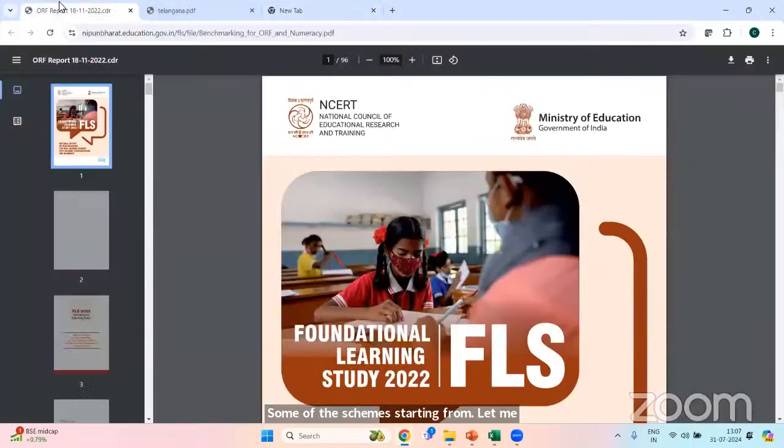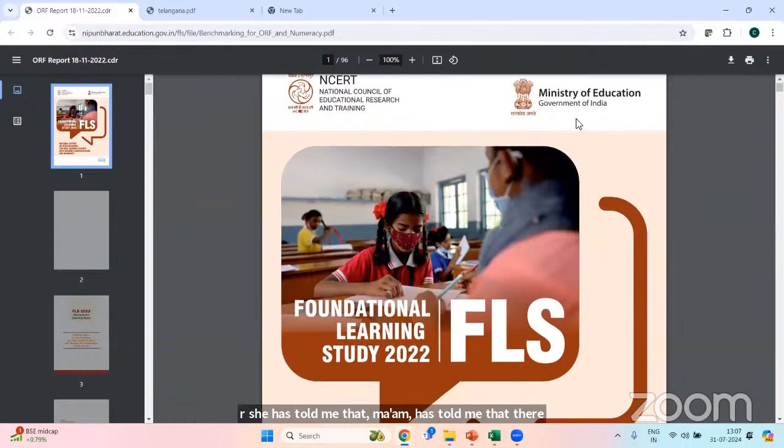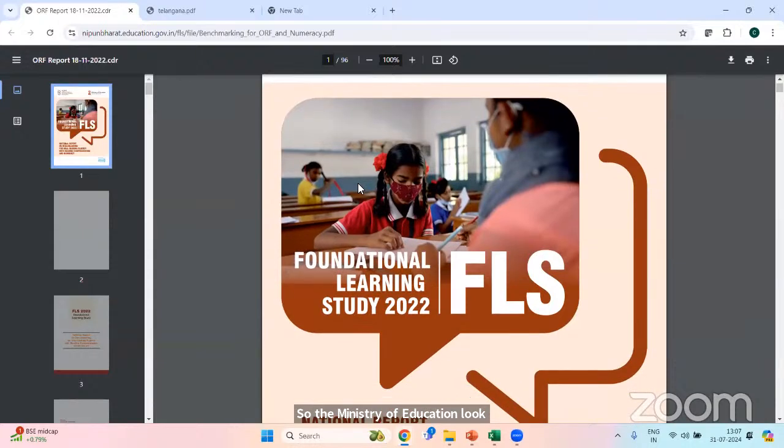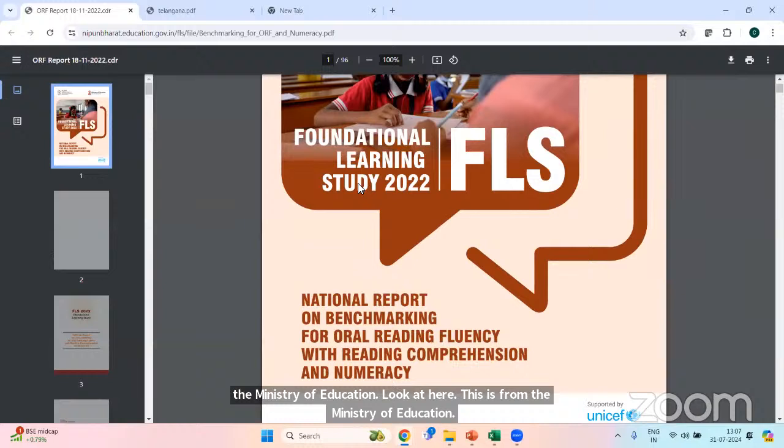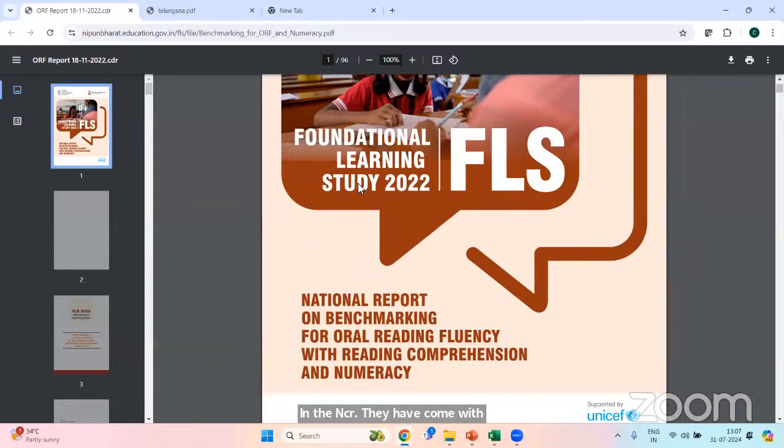Look at here. I hope most of you know, because the organizer has told me that there are some participants from schools also. So this is from the Ministry of Education. In the NCERT, they have come up with a study called FLS. The report will be launched every year.